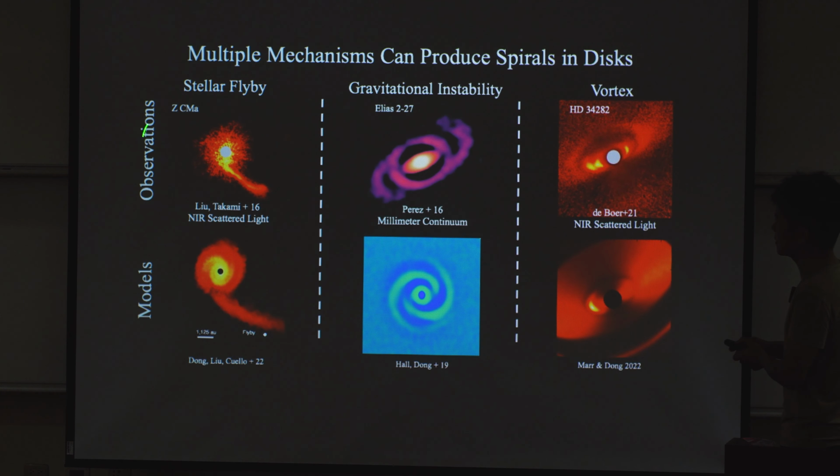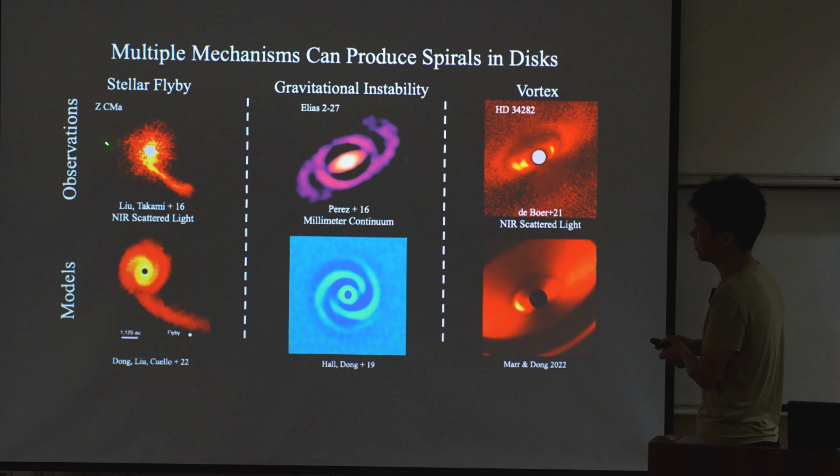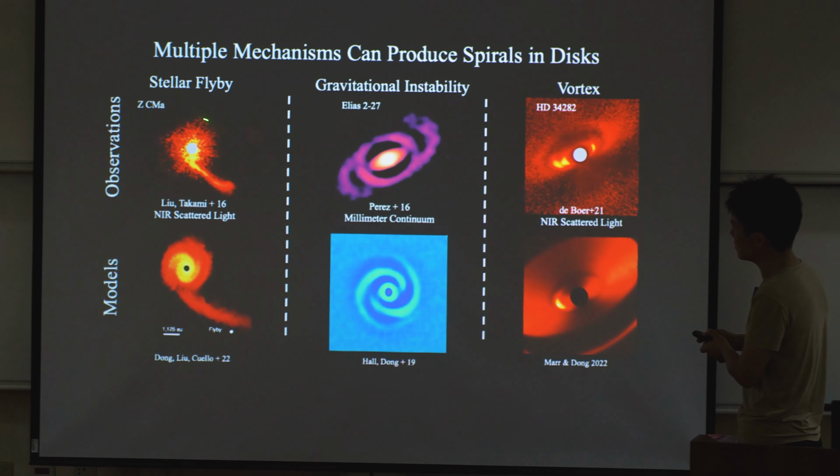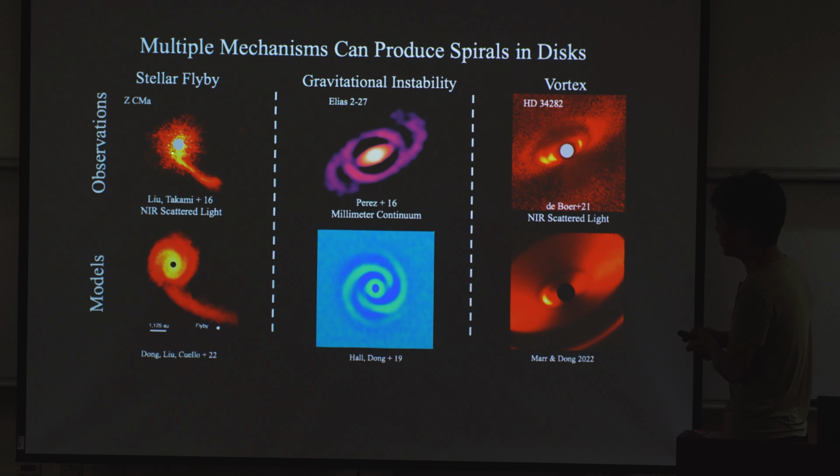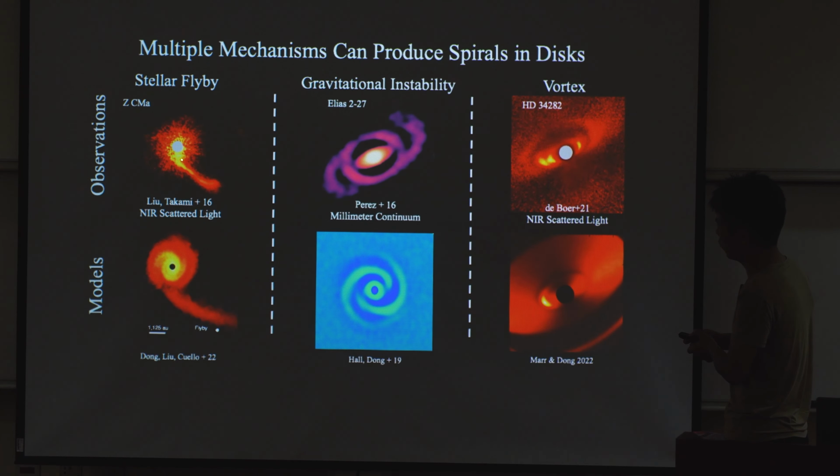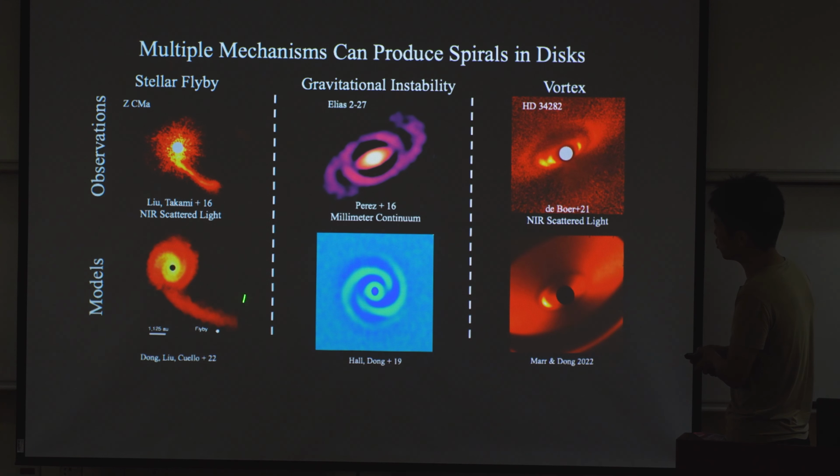So here is a scattered light image of a protoplanetary disk around a system called ZCMA. This is actually an ASIAA product here. So this particular disk has, we're looking at, a 1-arm spiral, relatively straight on one side. The bottom panel shows a synthetic observation of a flyby event.